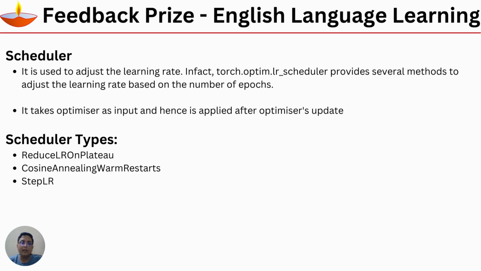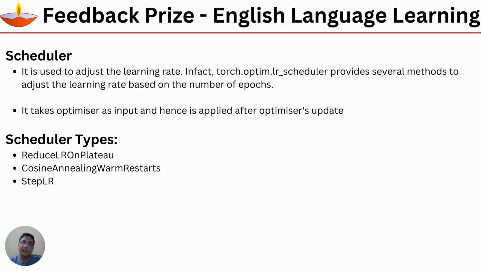Similarly, CosineAnnealingWarmRestarts starts with a large LR and then aggressively brings the LR down to a smaller number, very close to zero, and then again raises it to a higher value.